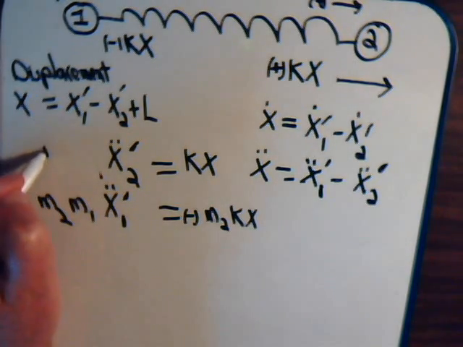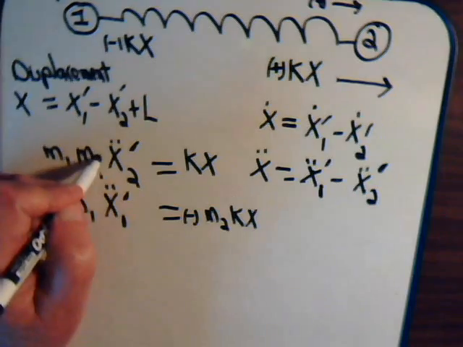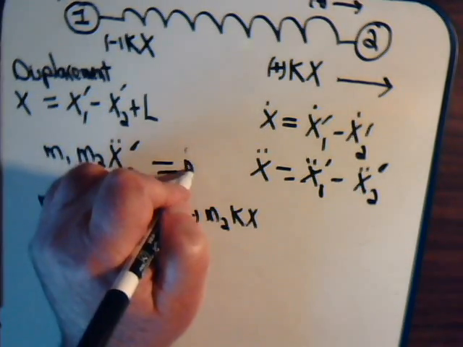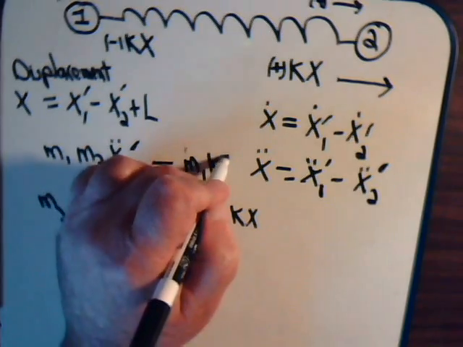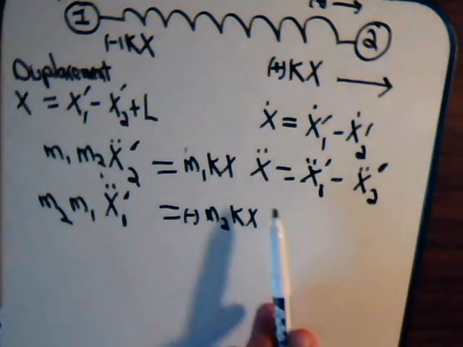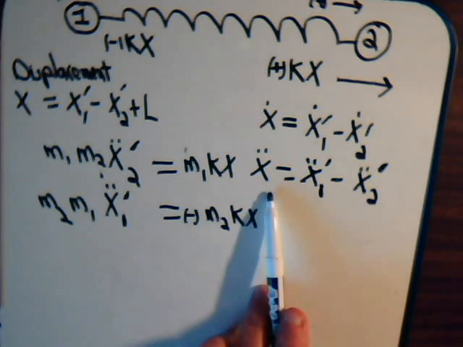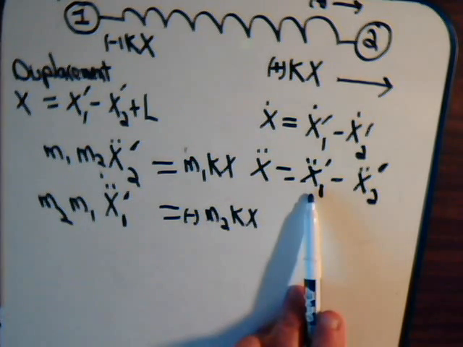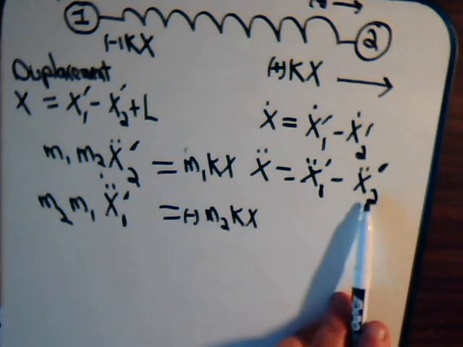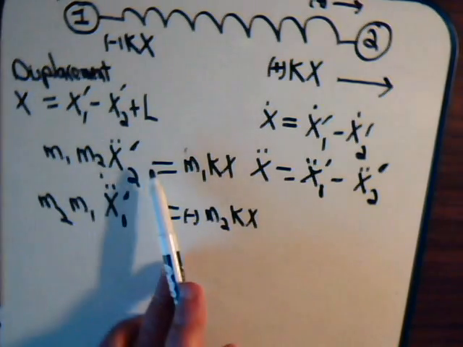So then we'll have m1, m2, and over here m1. Because now we can see the acceleration of displacement, that's the x1 prime second derivative, this, minus the x2 prime second derivative, this.